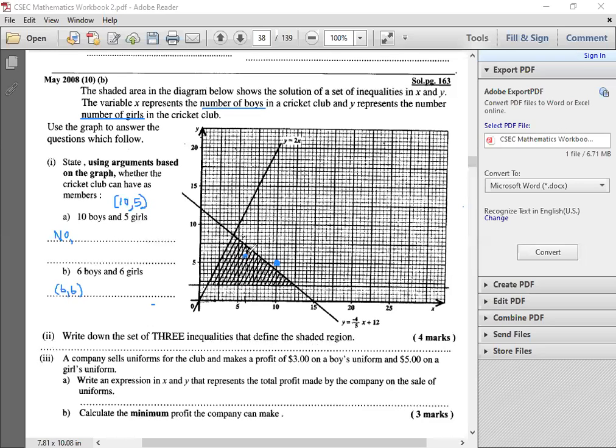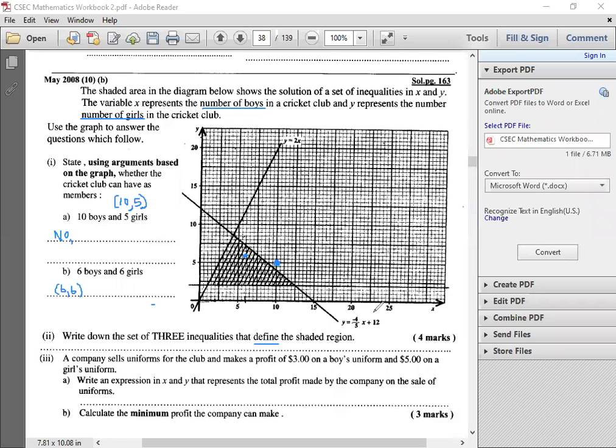Thank you. Everybody understands that? Yes, sir. All right, for the second part of the question, write down the set of 3 inequalities that define the shaded region.